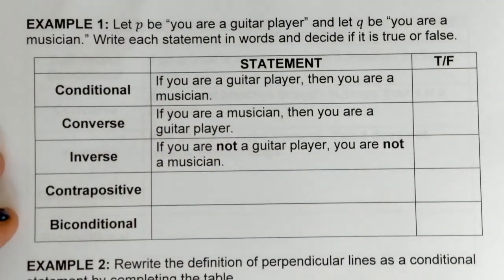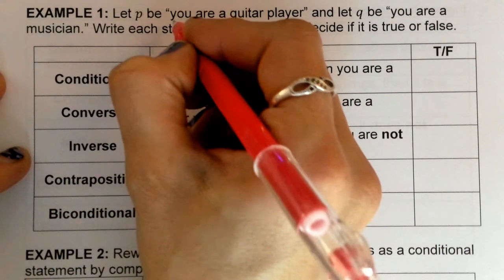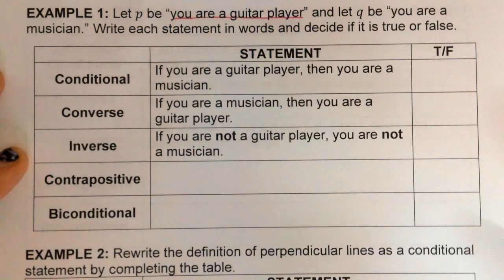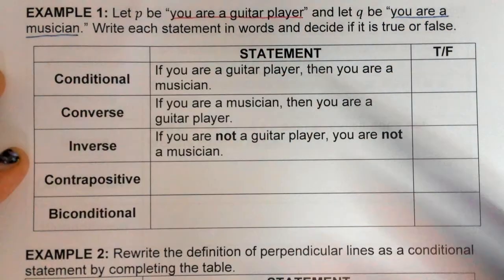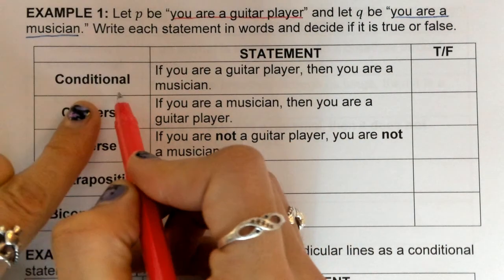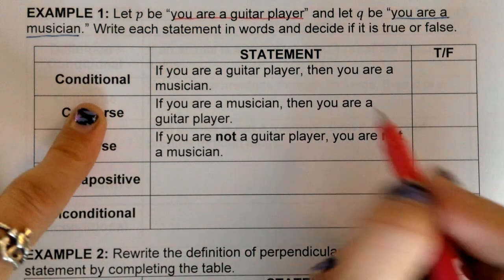And then we will take a look at our first example. This is the exact same example as in the previous notes about the converse and inverse. We have everything filled out for us this time. Letting P, our hypothesis, be you are a guitar player, and Q, our conclusion, be you are a musician. Our conditional, as we wrote in the previous notes, is if you are a guitar player, then you are a musician.